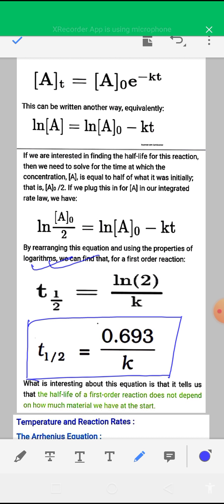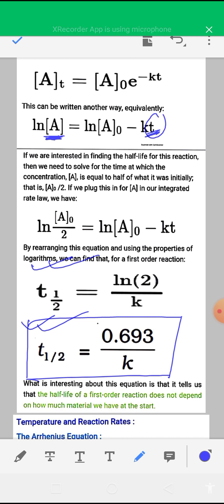This is the equation for calculation of half-life time for first order reaction. Very important equation. You have to solve some numerical problems based on this equation also. To calculate the half-life for a first order reaction, just put the concentration of reactant as a naught by 2 when t becomes t half.